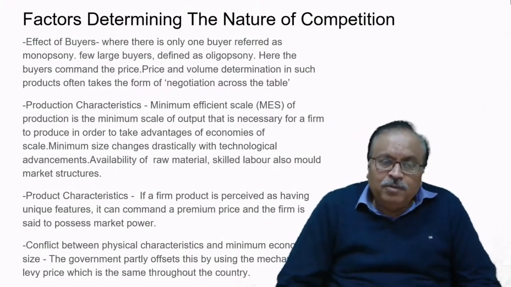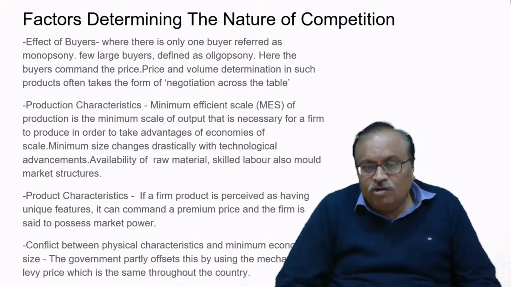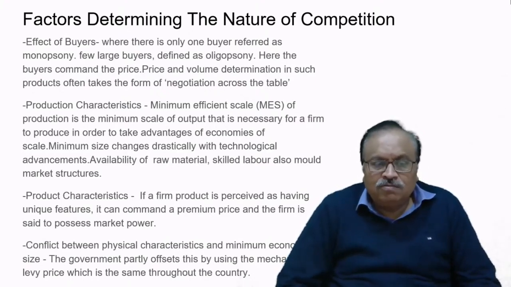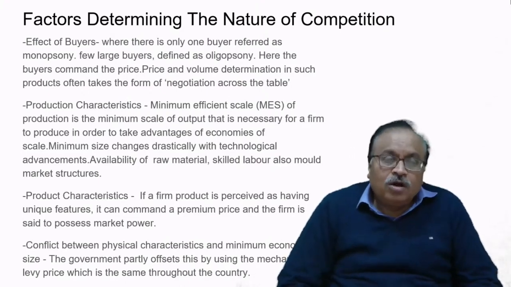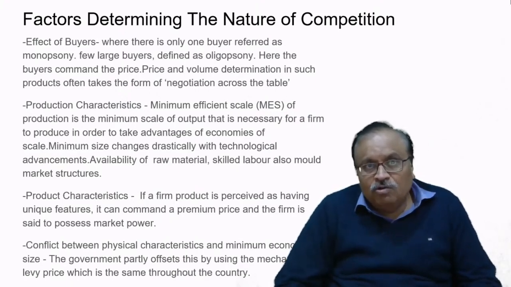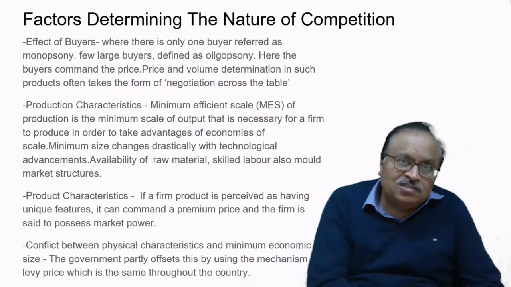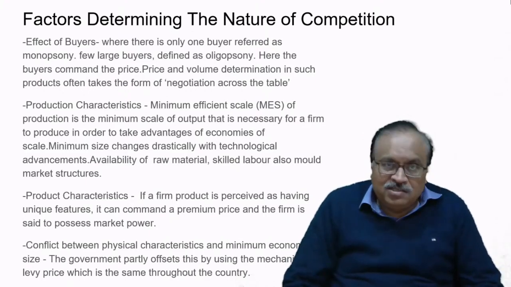Then we have a conflict between physical characteristics and minimum economic scale. The government partly offsets this by using the mechanism of levy price, which is the same throughout the country. So what does that mean and how does it work? Suppose we are going to have a cement factory. It can be established either at the production site or at the market site.